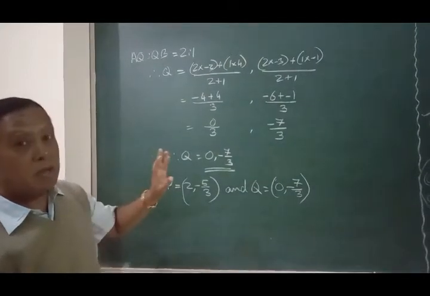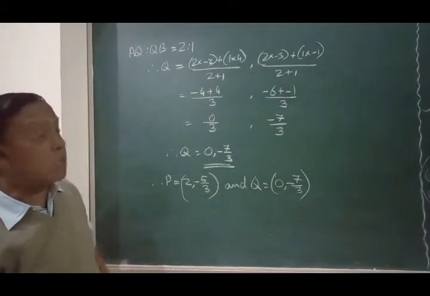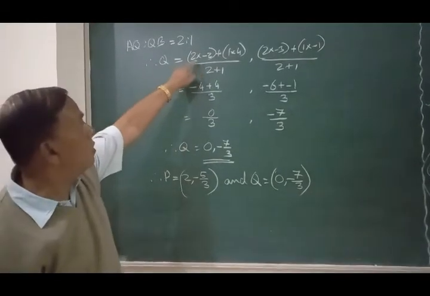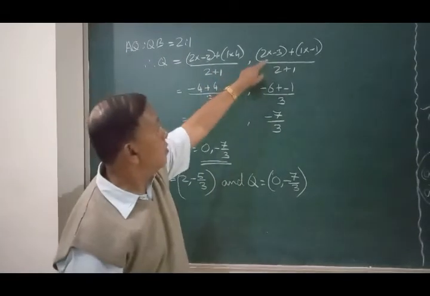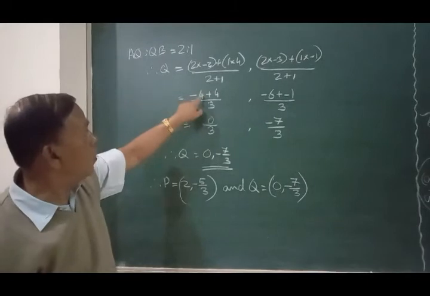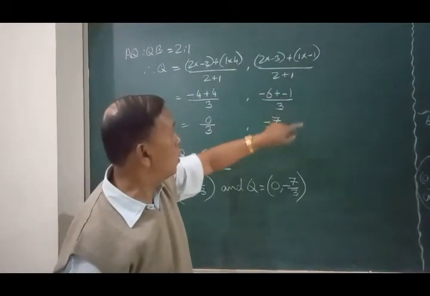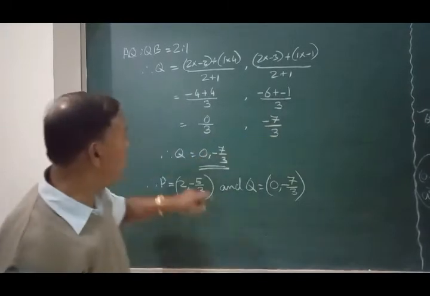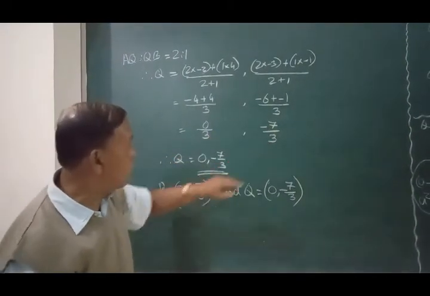We are applying the section formula and substituting the numbers as we have been given the coordinates. Here we have 2 into minus 4 plus 4, minus 6 minus 1. So minus 4 plus 4 is 0, 0 upon 3, and minus 6 minus 1 is equal to minus 7 upon 3. 0 upon 3 results in 0, and here minus 7 upon 3, that is Q.